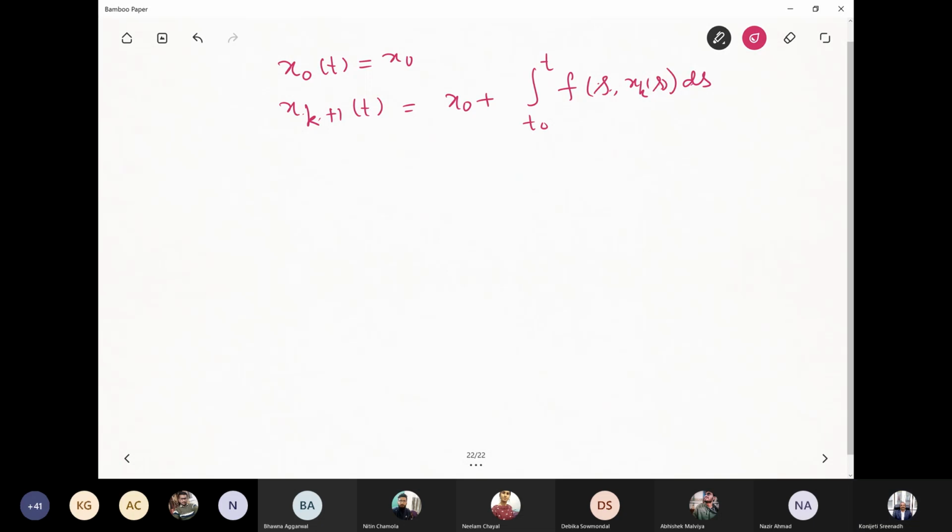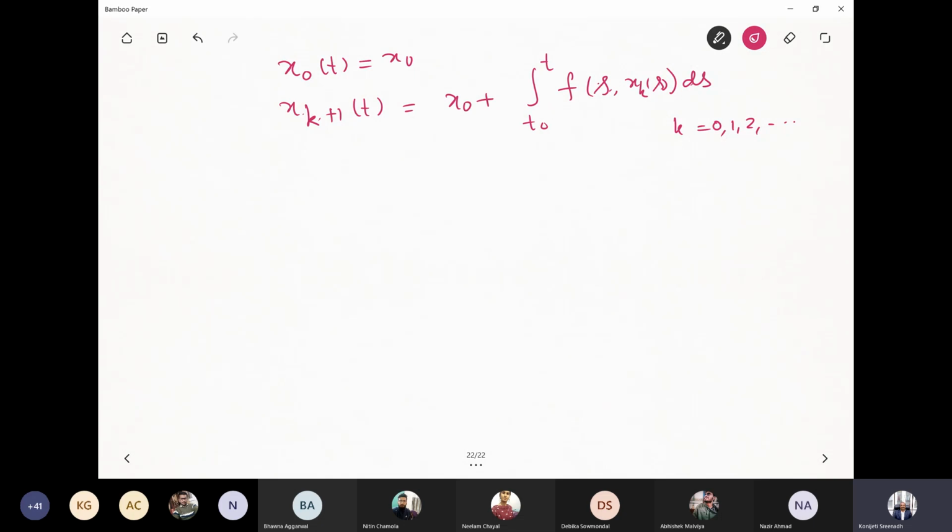So define it like this for k equals 0, 1, 2, and so on. Then these x_k's are continuous functions. That's not difficult to show.